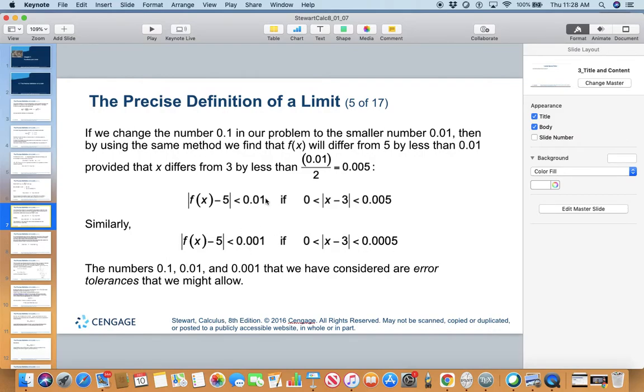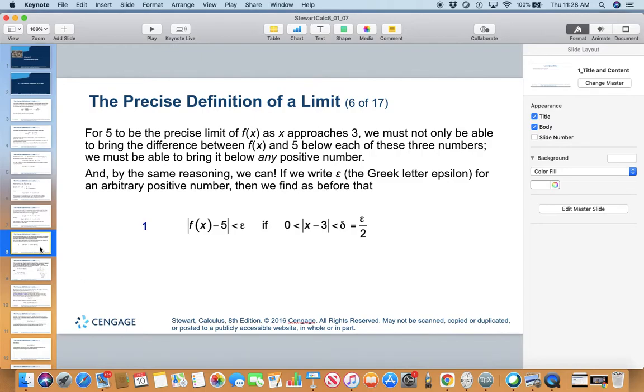Okay, these numbers that f(x) is allowed to be within are called error tolerance. For 5 to be the precise limit of f(x) as x approaches 3, we must not only be able to bring the difference between f(x) and 5 below these numbers, we must be able to bring it below any positive number.